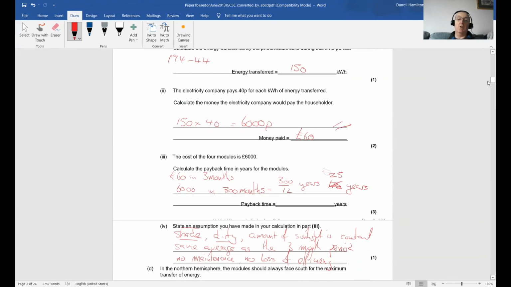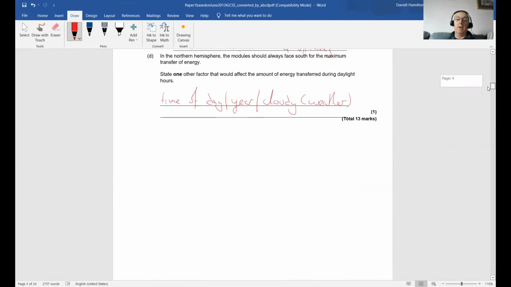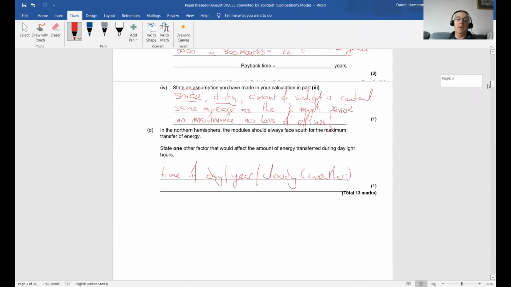Hopefully a very simple calculation here, 150 times 40. Then a very simple calculation here where you take the cost of it and you divide by how much you're making every 3 months to work out how many years your panels will take to pay for themselves. And then really some common sense, I think. The obvious stuff that might affect the output of your panels. So hopefully that works for you.